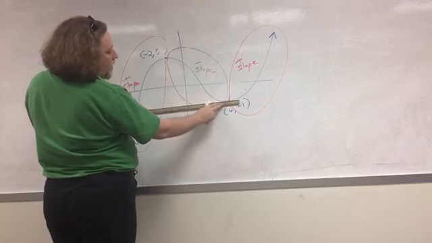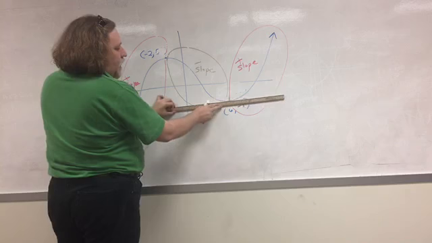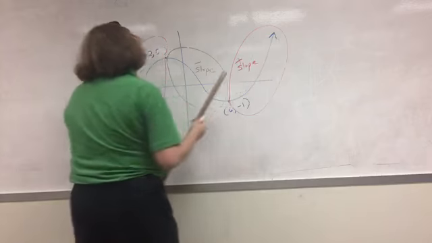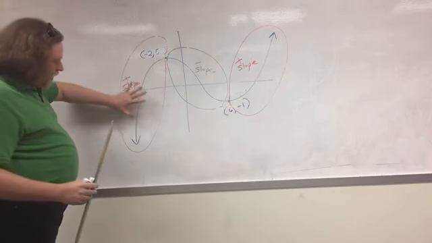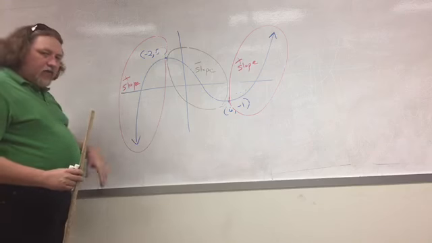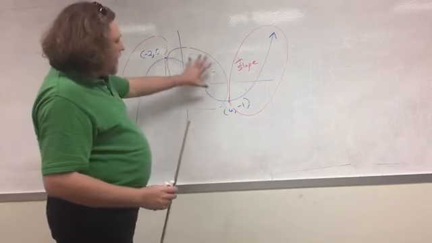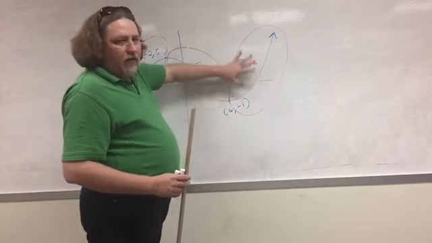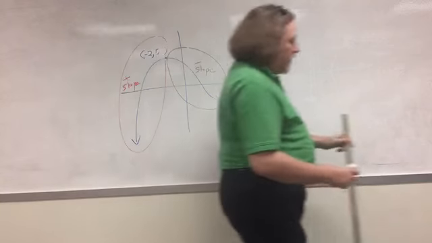Oh, but right there you can see how it goes flat again. See how the slope there is 0, and then the slope starts rising again. So in this region we have a positive slope, that's called an increasing interval. In here we have a negative slope, that's called a decreasing interval. And in here we have a positive slope again, an increasing interval.